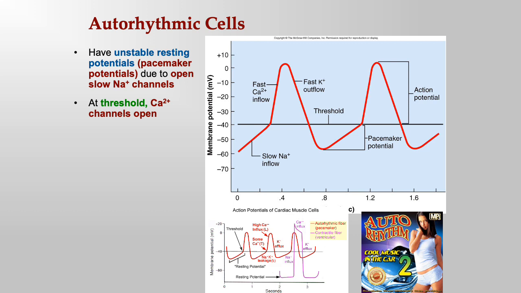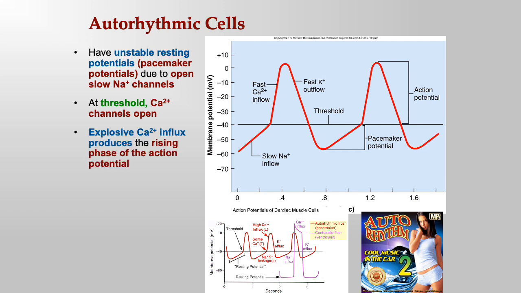So now the rising phase of the action potential. Unlike in the nervous system and unlike in the myocardial cells, now the rising phase is calcium. All right. It was sodium in the nervous system. It was sodium in the contractile heart muscle cells. Now in the autorhythmic cells, in the pacemaker, the ascending portion of the action potential is calcium channels.